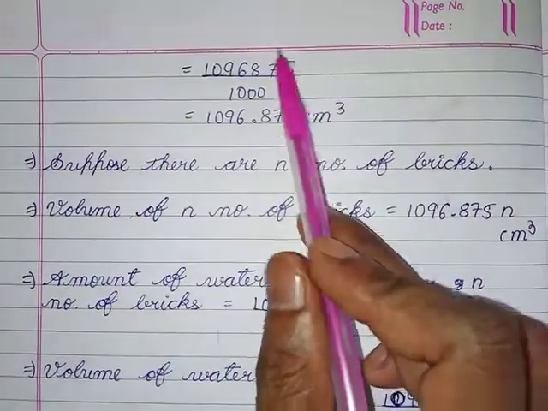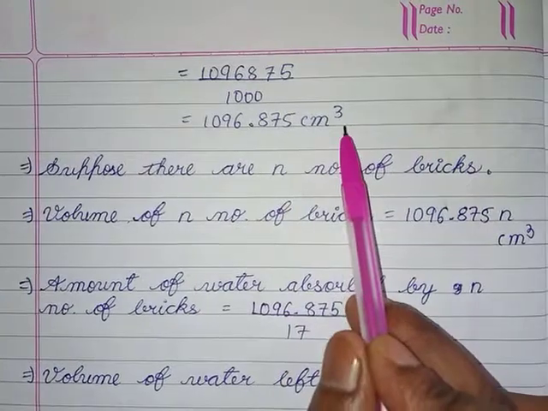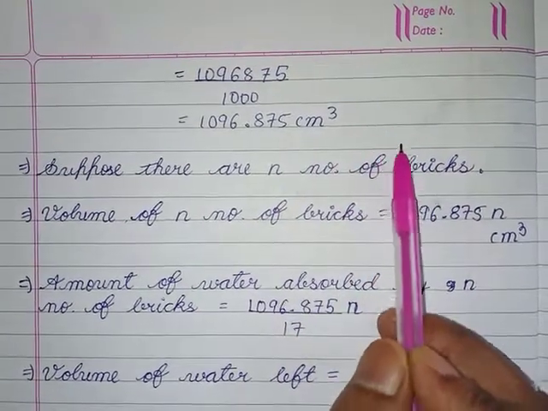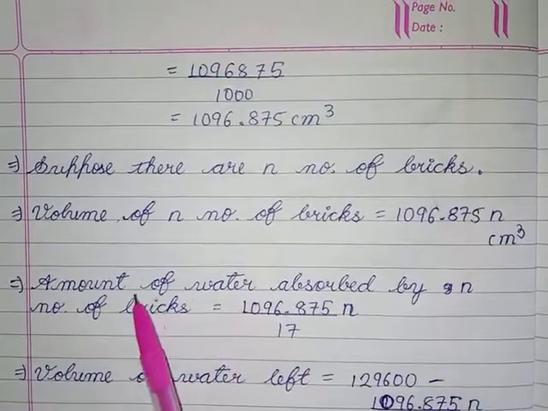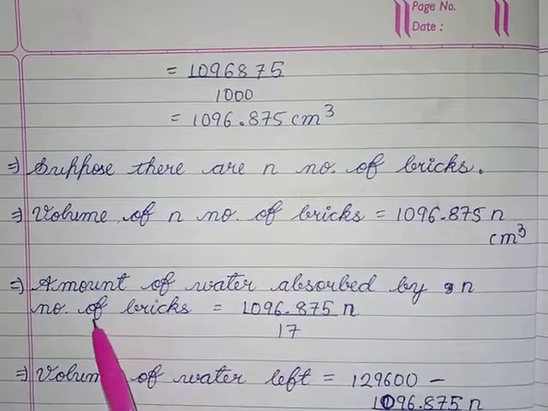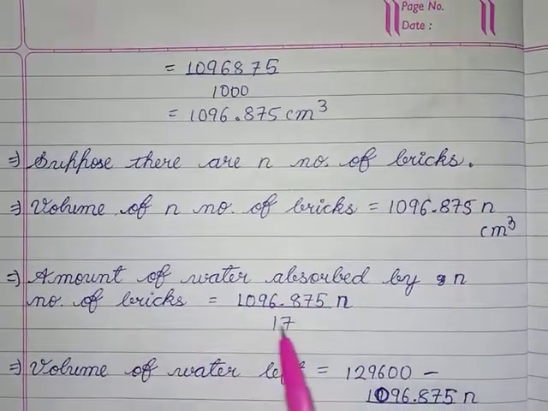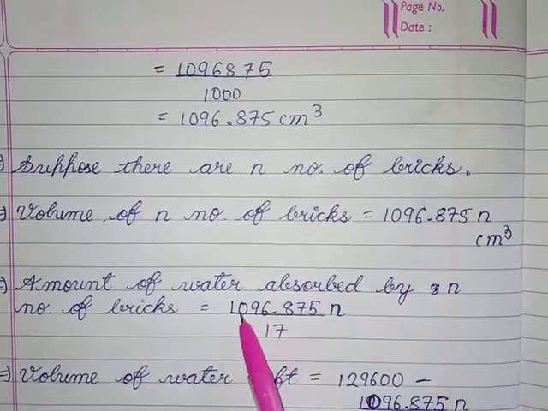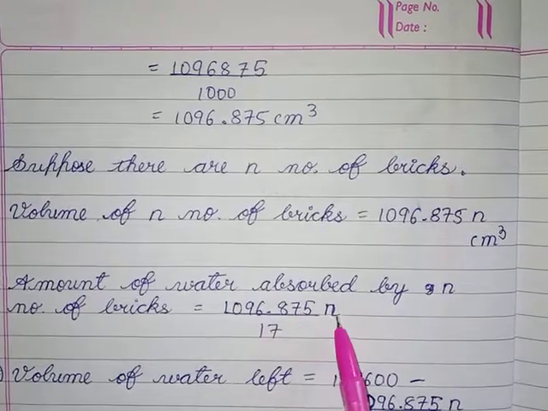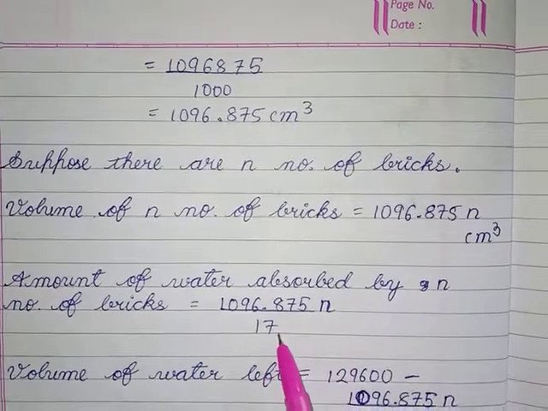How much water do they absorb? Each brick absorbs 1 upon 17 of water. So the amount of water absorbed by n bricks will be equal to 1096.875 into n divided by 17.